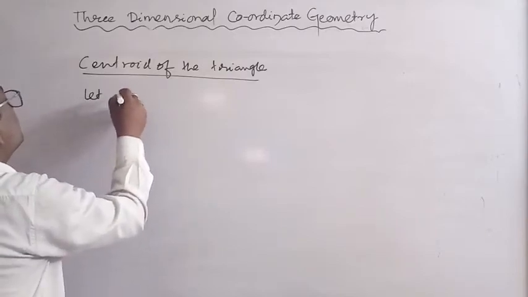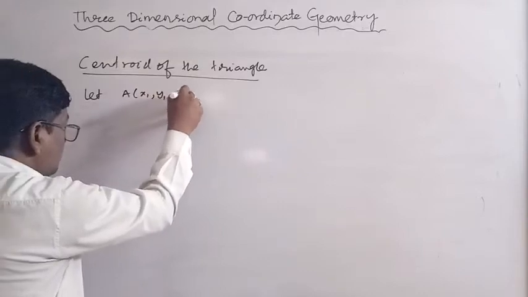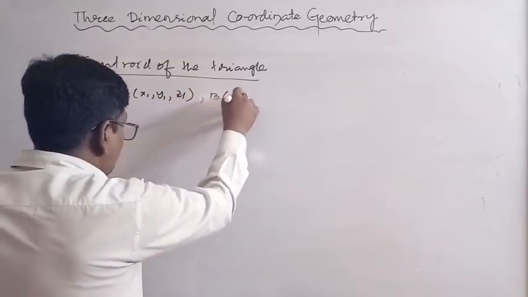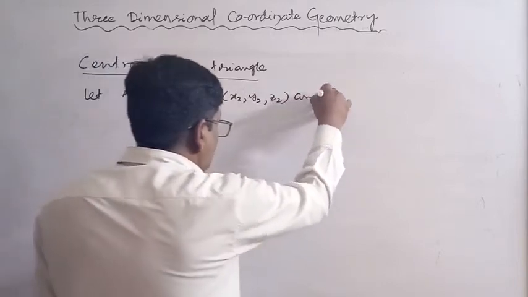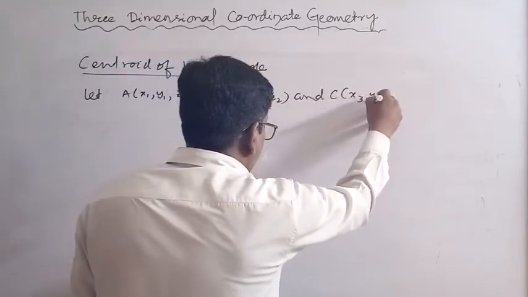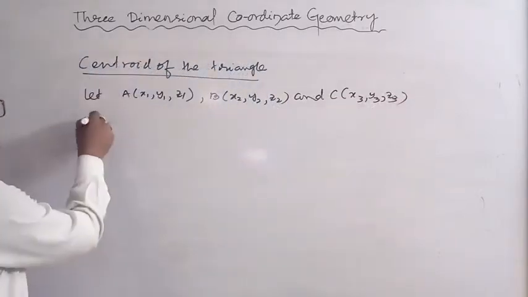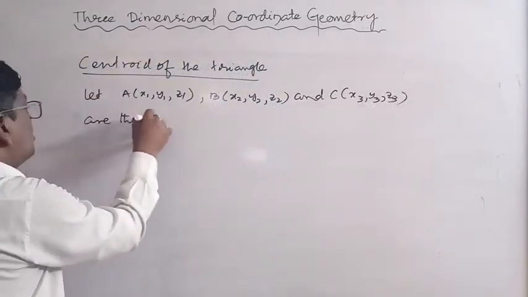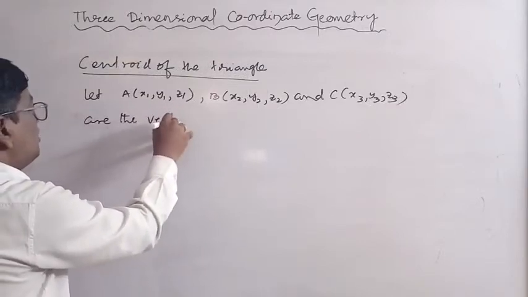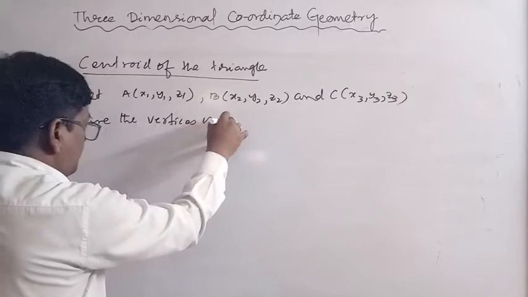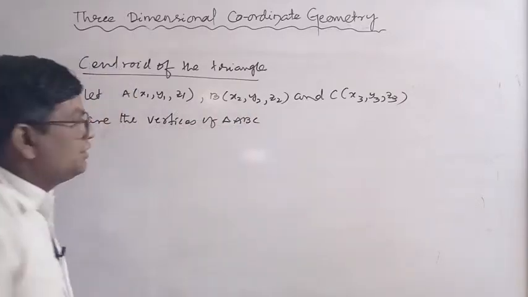Let A of x1, y1, z1, B of x2, y2, z2, and C of x3, y3, z3 be the vertices of triangle ABC.